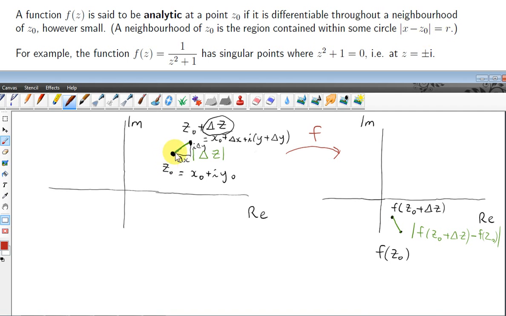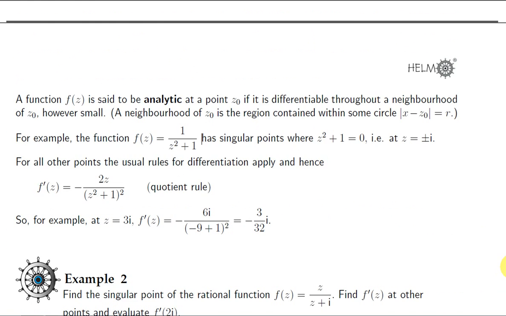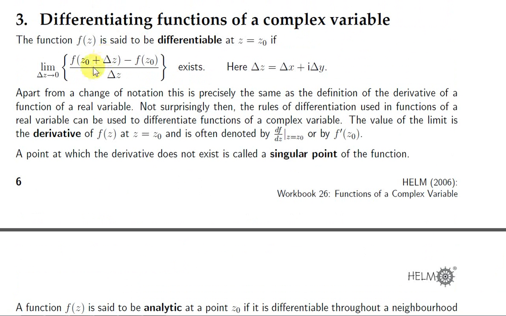So for example, if we want our function to be differentiable or analytic at z0, then we should be able to find a neighbourhood of z0, that is a circle centred at z0, such that the function is differentiable at all points inside the circle. So the limit that we saw must exist for all points inside that circle.